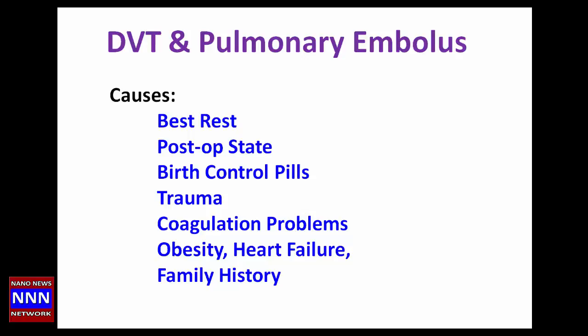There are some people who may have coagulation problems where their blood is hypercoagulable. That means their blood can clot very easily. That can lead to clot formation in the veins, which can go to the lungs. Similarly, patients who are obese, patients with heart failure who have reduced circulation can develop deep venous thrombosis. And there is a family history of deep venous thrombosis and pulmonary embolism.